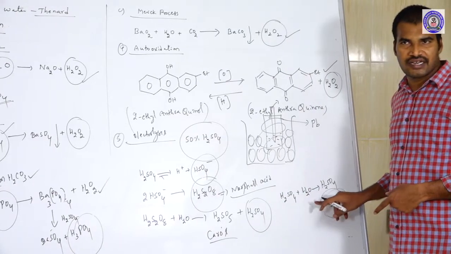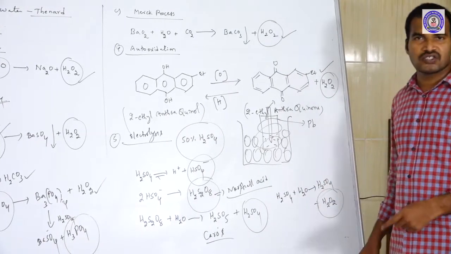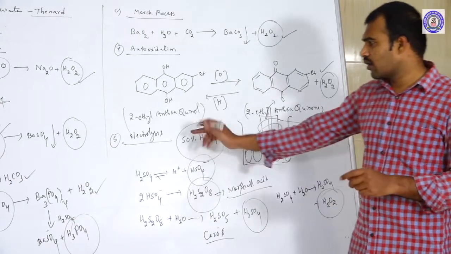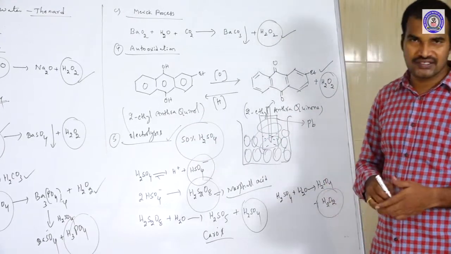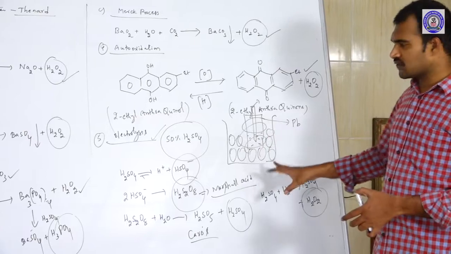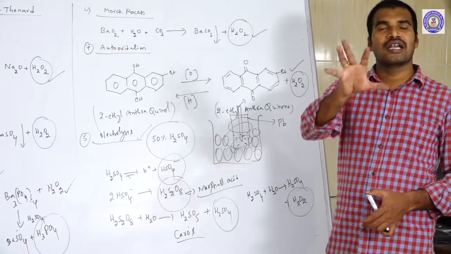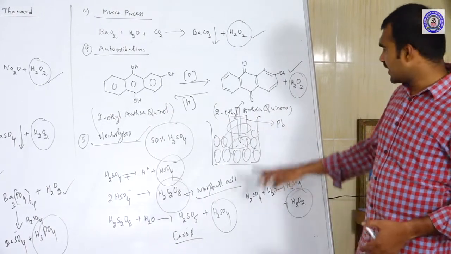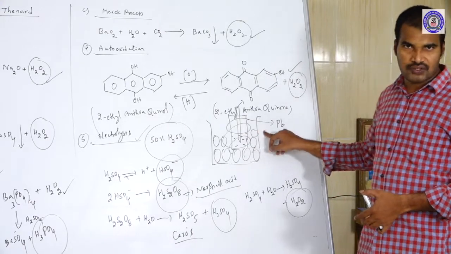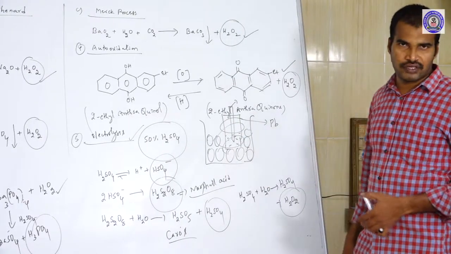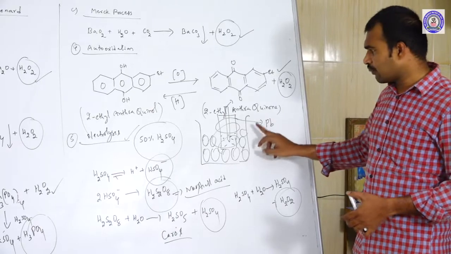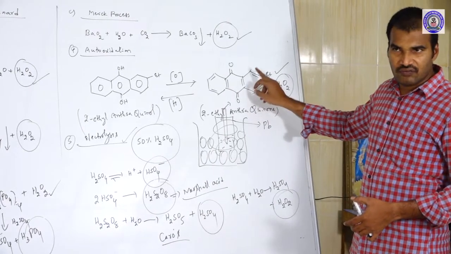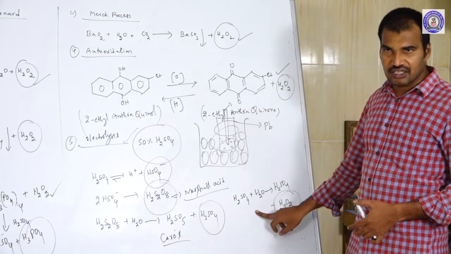On further hydrolysis, Caro's acid gives H2SO4 with formation of H2O2. This is the electrolysis process, by which we can prepare 30% H2O2, whereas auto-oxidation gives only 1%.